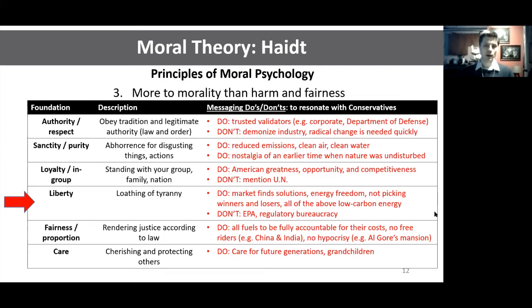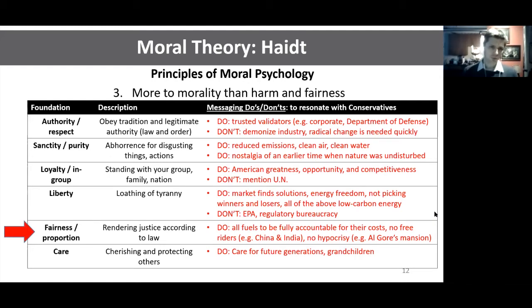We just want low carbon to be a priority, and putting a price on carbon is the way to do that. So we can have an all-of-the-above energy policy. We agree it should be all of the above. We just want to put a price signal out there to make sure that it's all of the above and low carbon. We don't want to talk again about regulatory bureaucracy or the EPA as being solutions that we would seek, because you're just going to lose your audience.